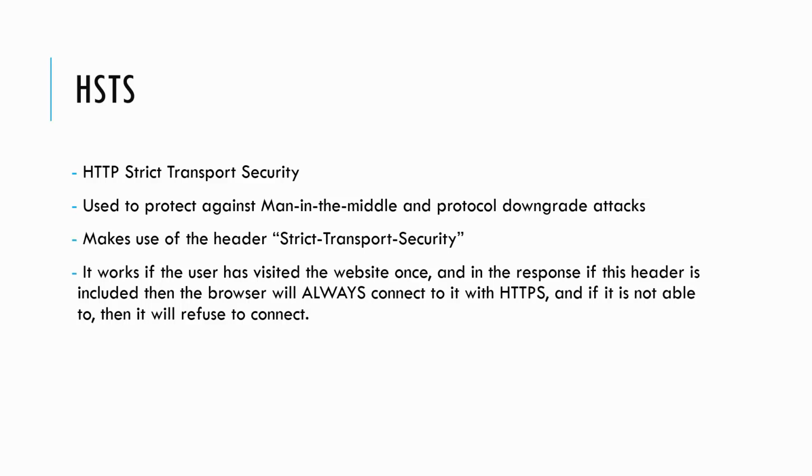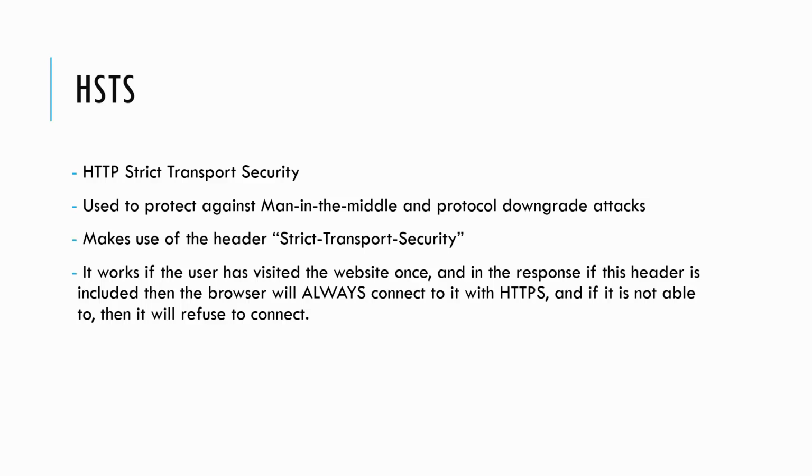Then that website will send us a header, called the strict transport security header, and this will tell our browser that in the future if it tries to connect to that website, it should always use HTTPS, and if it is not able to use HTTPS for some reason, then it should refuse to connect and should not even try to connect to that server. And this is the use of HSTS.